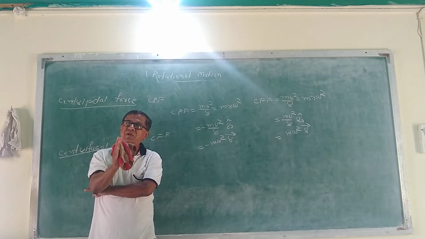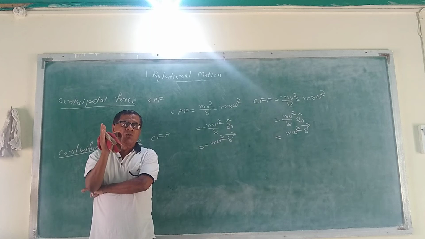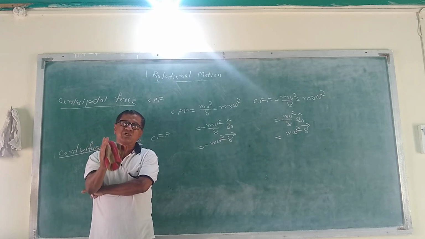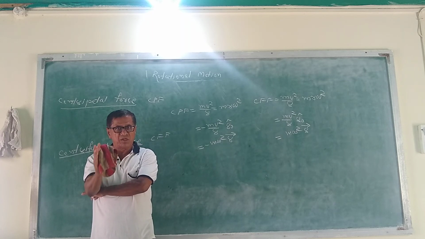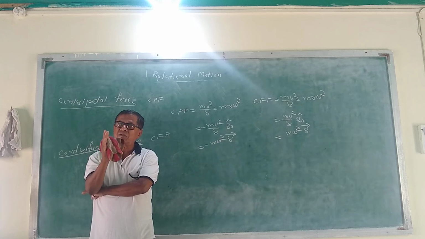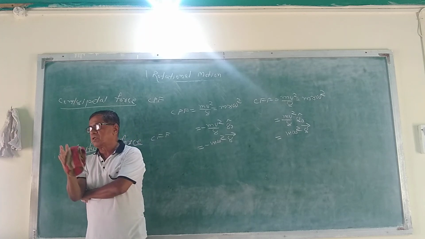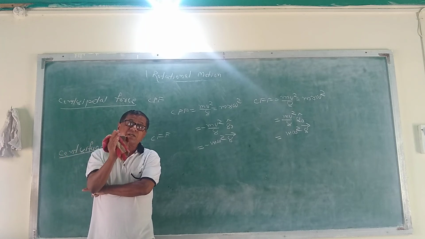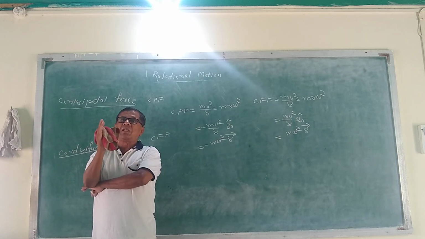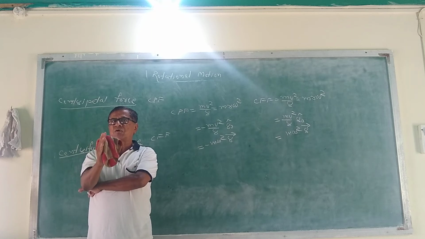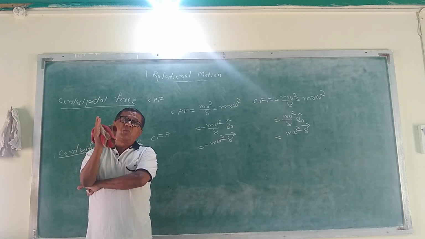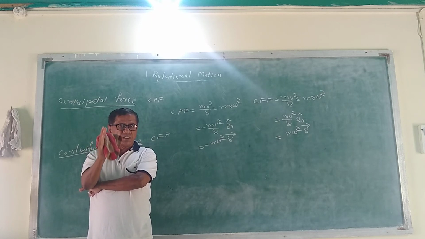Examples of the centripetal force: we have seen the motion of the electron round the nucleus, the motion of the stone in the sling, where the centripetal force is supplied by the tension in the string. In the case of the electron, it is the electrostatic force of attraction between the positive and negative charges.